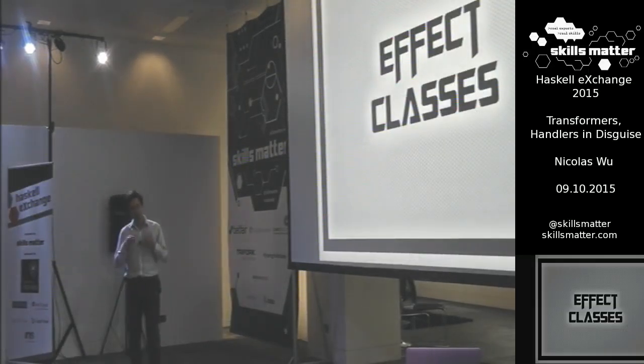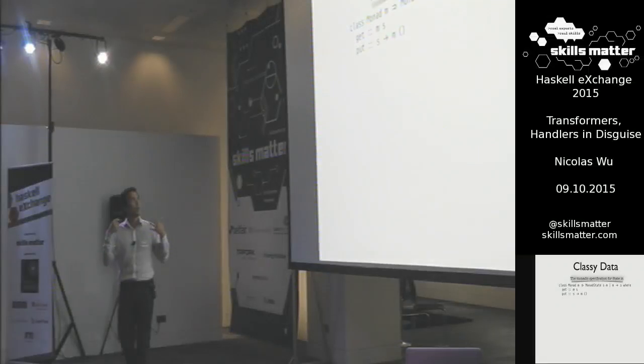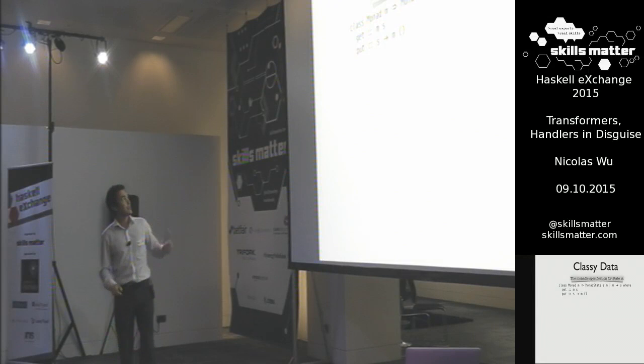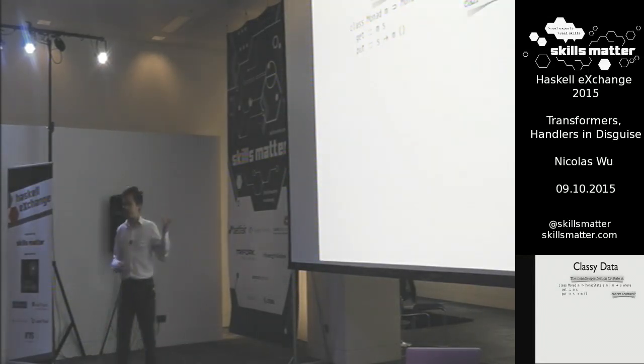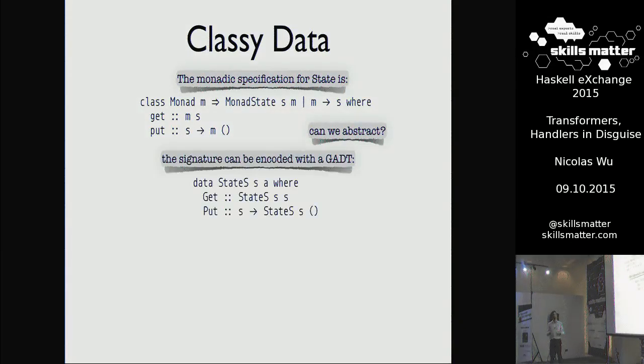So now I want to talk about something related, obviously, effect classes. So this is the MonadState that we had. And really, we'd like to work with something that's more general than this. Can we abstract away from single class instances like MonadState into general things so that we can have more than one kind of effect?